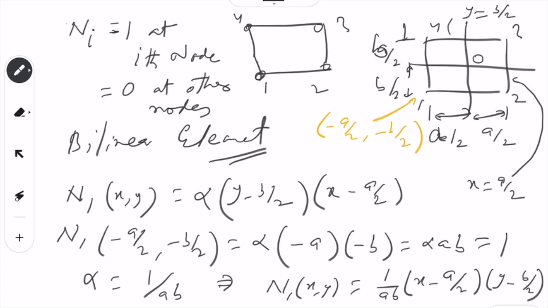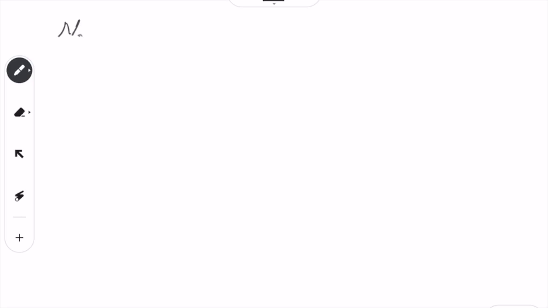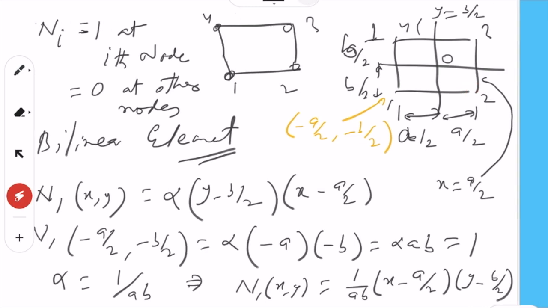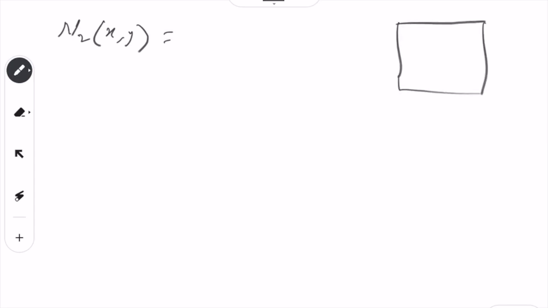Accordingly, you can find out all the others. The second shape function, N2(x,y), will be equal to... so now N2 here, okay, so we can draw it here. How does N2 look? N2 will look something like this.